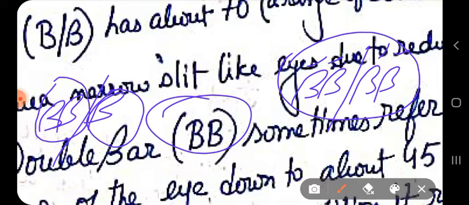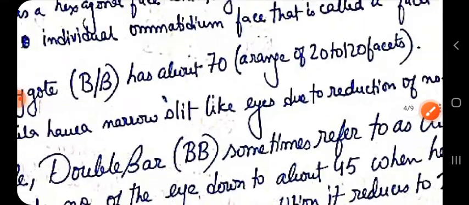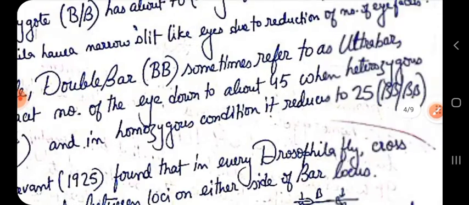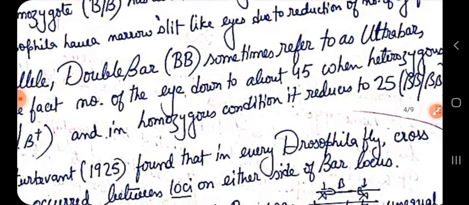So the structure of the eye will be very much slit-like, like this. With the increasing number of bar alleles, there will be a decrease in the number of facets, which are the small eyes that make your compound eye.